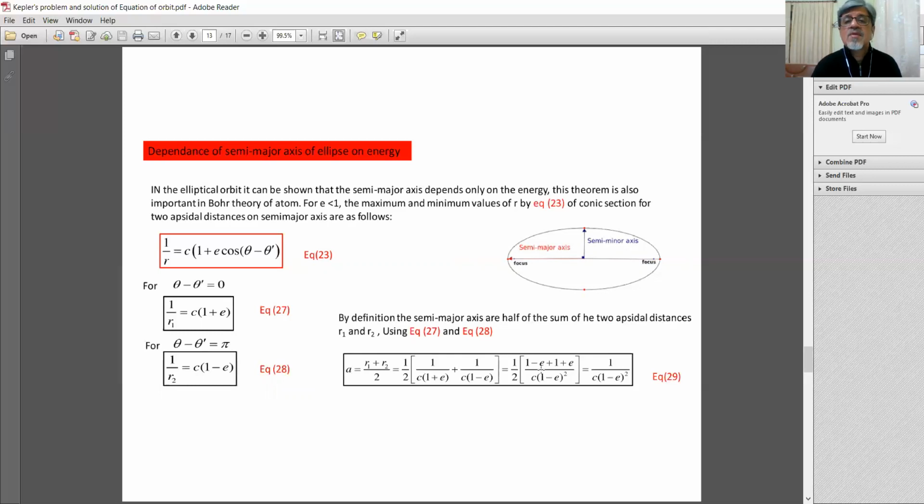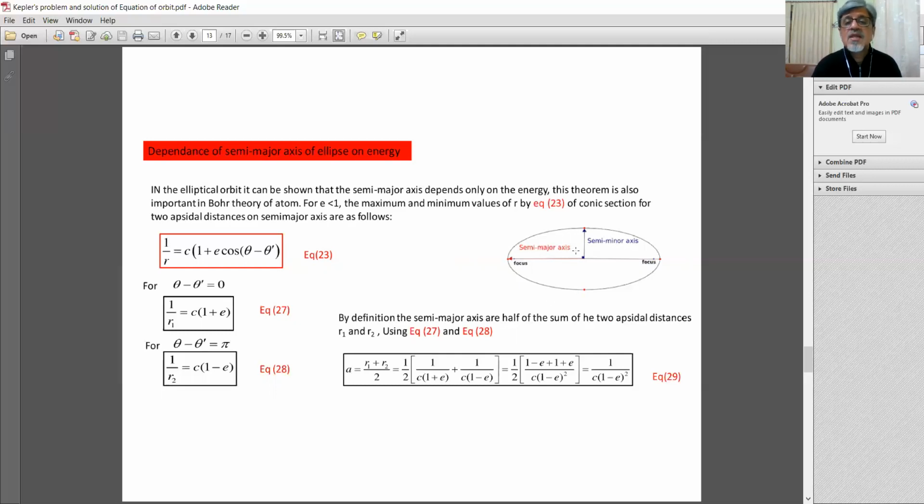This theorem is also important in Bohr theory of atom, because in Bohr theory, we are considering different shapes of orbit, elliptical orbit. For eccentricity less than 1, the maximum and minimum values of r by equation number 23 of the conic section for the two apsidal distances on the semi-major axis are as follows.